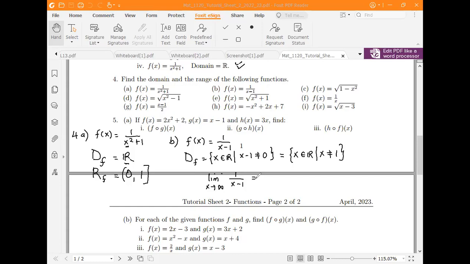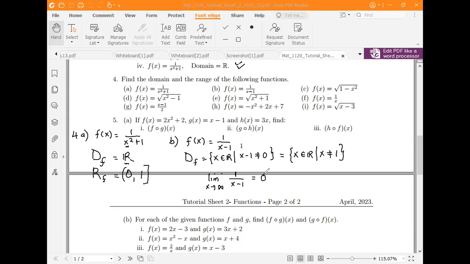This is where you just check if the powers of x in the numerator and the denominator are equal or not. If the power of x in the numerator is less than that in the denominator, then it means the limit is 0. So in this case, we have a constant up there, and then we have x minus 1 down. So the limit here is 0.